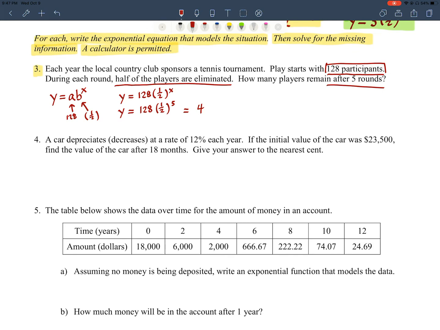So that means there would be 4 players left after 5 rounds. All right, looking at 4.